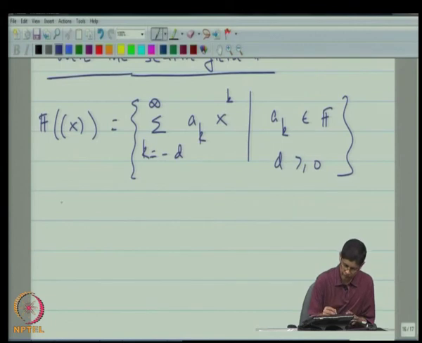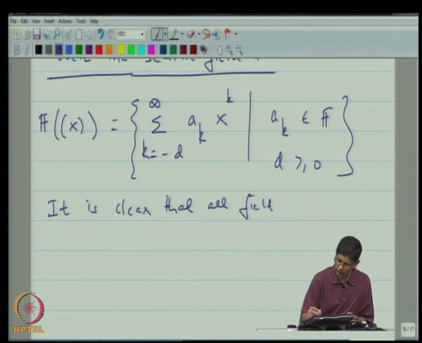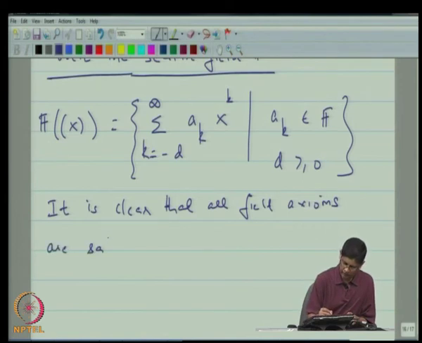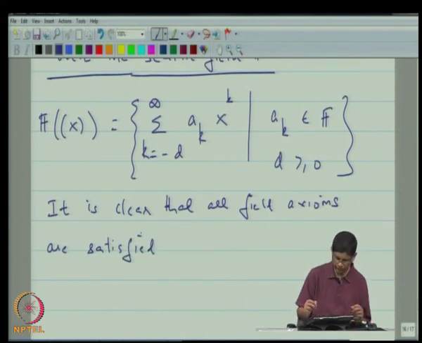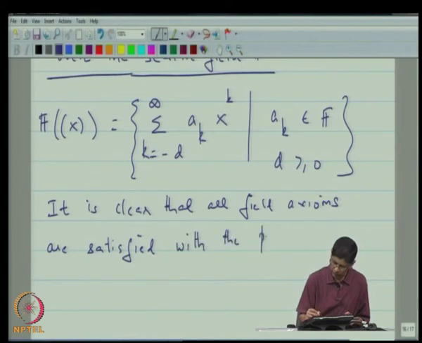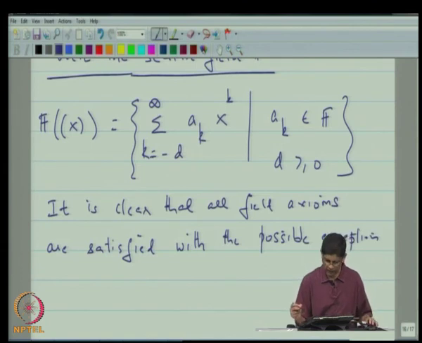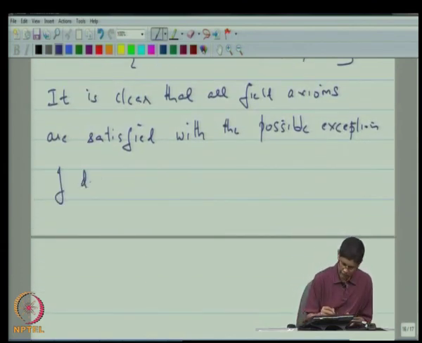It is clear that all field axioms are satisfied, with the possible exception of the inverse.